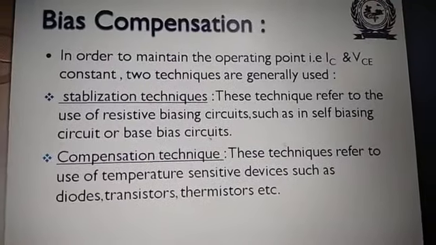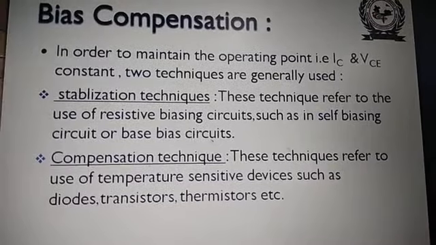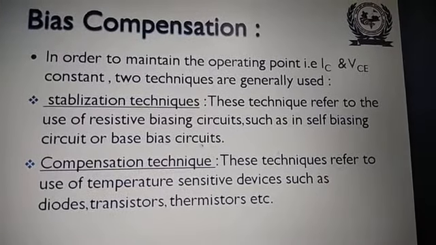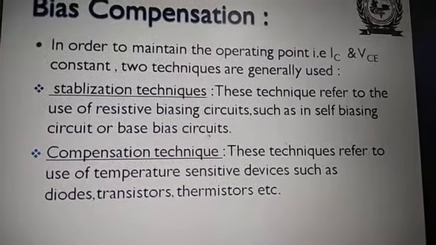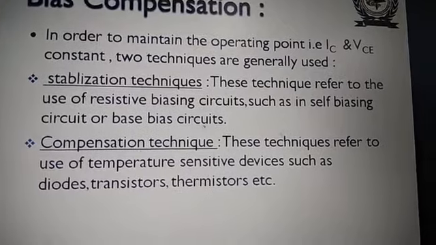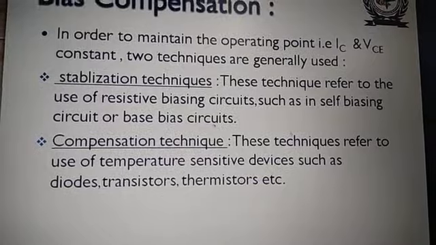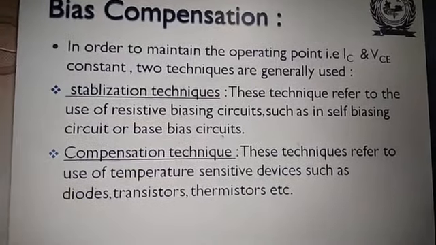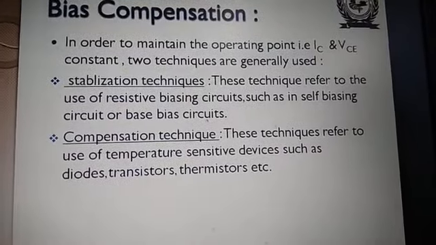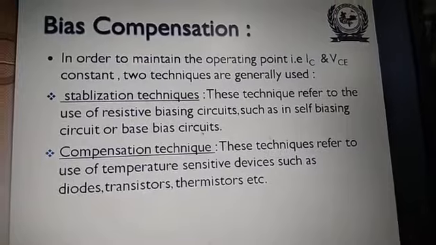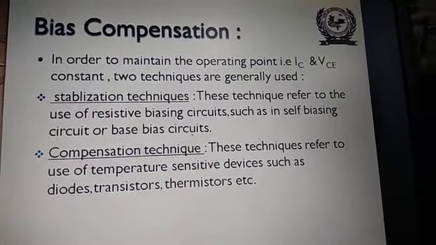The stabilization technique refers to the use of resistive biasing circuits such as in the self-biasing circuit or base bias circuit. While the compensation technique refers to the use of temperature sensitive devices such as diode, transistor, thermistor, etc. So for temperature compensation, we need the compensation technique, while for bias stabilization, we need the stabilization technique.